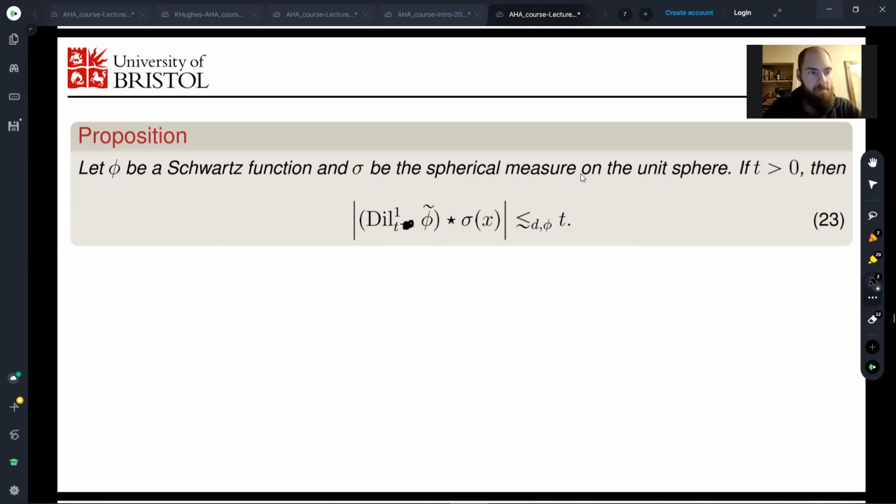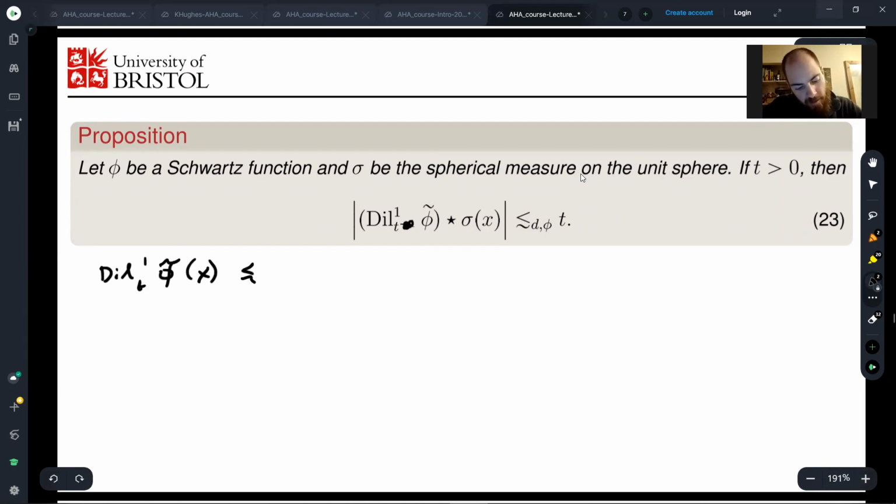How do I do that? I'm going to start using the dimensionality of the sphere. I look at this, phi is Schwartz, so the Fourier transform is Schwartz. And in particular, that means that when I consider these dilations, I actually have the following pointwise bound automatically.